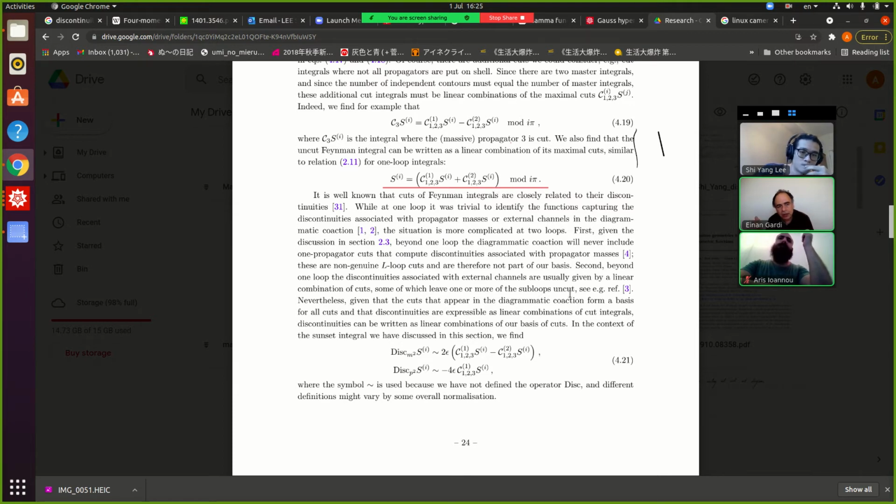So that somehow fixes the normalization, such that it would be exactly 1 plus order epsilon.